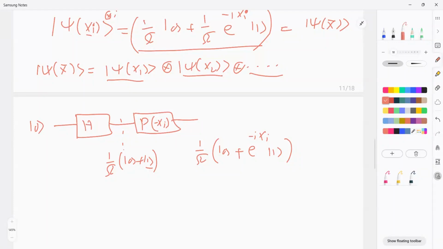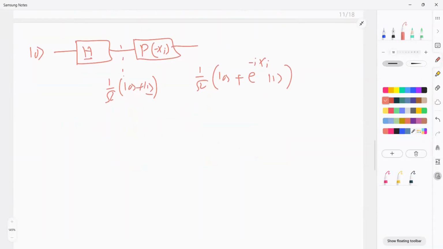So with this method of applying a Hadamard gate and a phase gate, we can prepare a phase encoded state. So in this case, we again need the same number of qubits as the number of features in the data vector. However, now the circuit depth is 2. There is a Hadamard gate and then there is a phase gate.